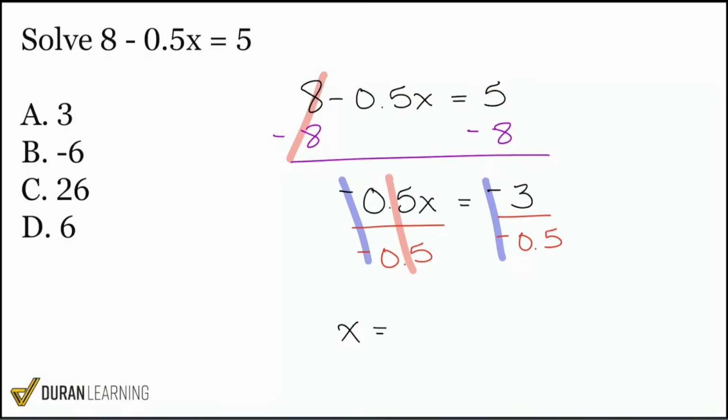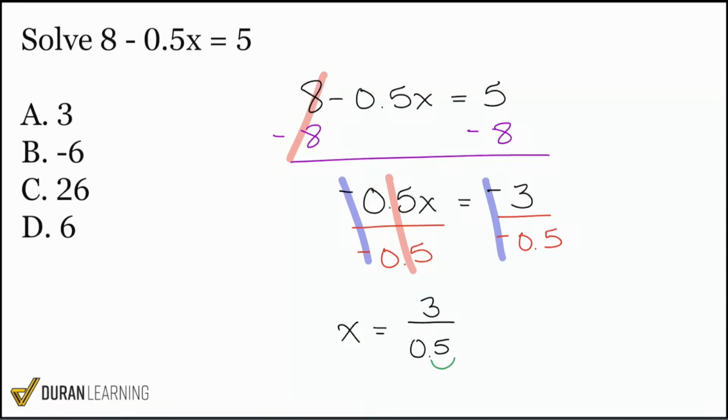Now we can use our rule for dividing by decimals to finish this up, because currently we have 3 divided by 0.5. And the rule for dividing by decimals is to not divide by decimals. We'll go ahead and move the decimal place over to the right one time.